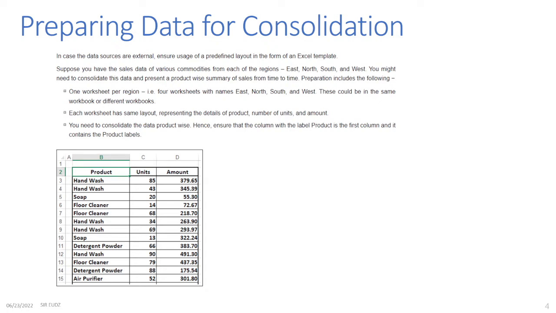Preparation includes the following: 1 worksheet per region, that is 4 worksheets with names East, North, South, and West, and this could be in the same workbook or different workbooks. Each worksheet has the same layout representing the details of product, number of units, and amount. You need to consolidate the data product-wise, hence ensure that the column with the label product is the first column and it contains the product labels.